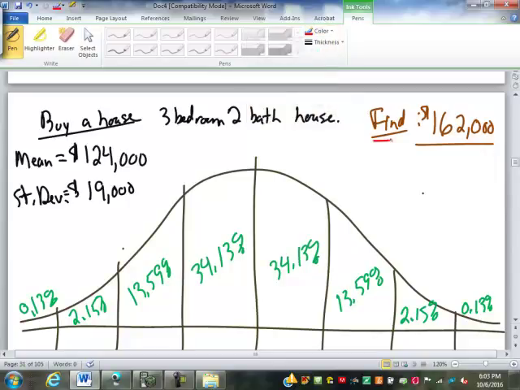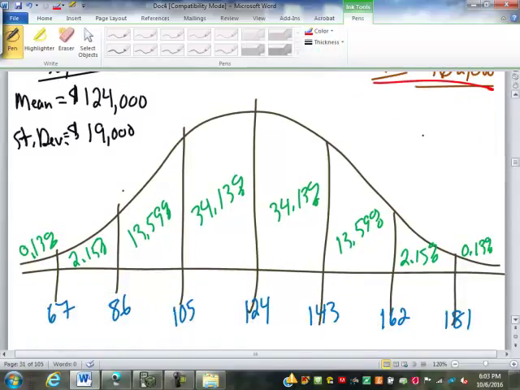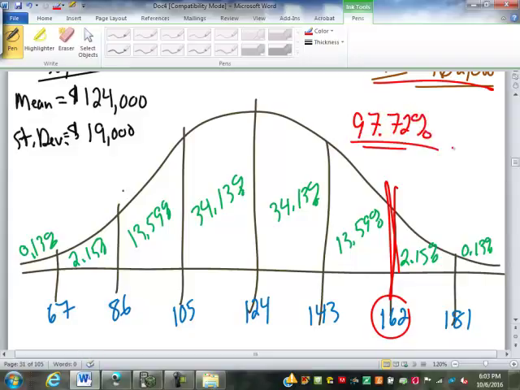Well, 162 is the price of the house. Where does that fall? Right there. It's on the higher end, definitely. Can you give me more specifics? It's not necessarily that it's 97.72% higher, but it is higher than 97.72% of all other houses.